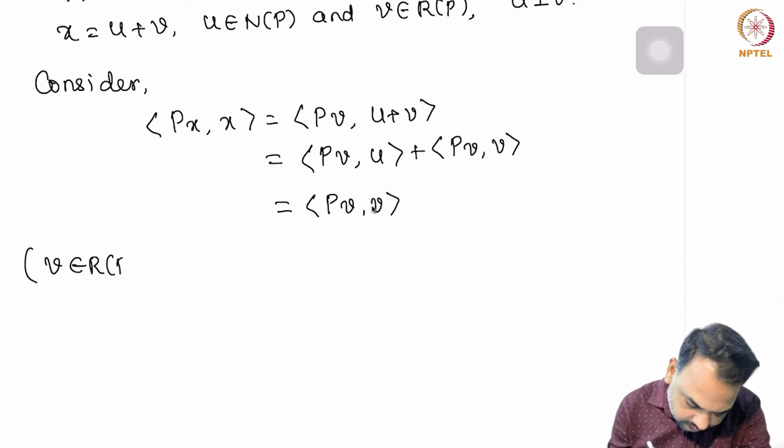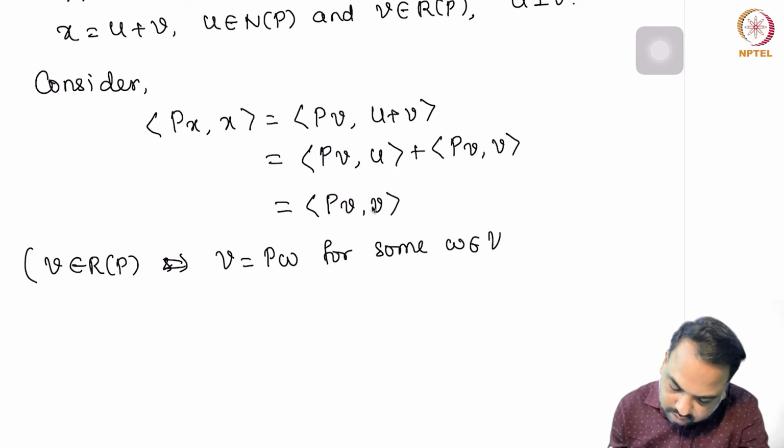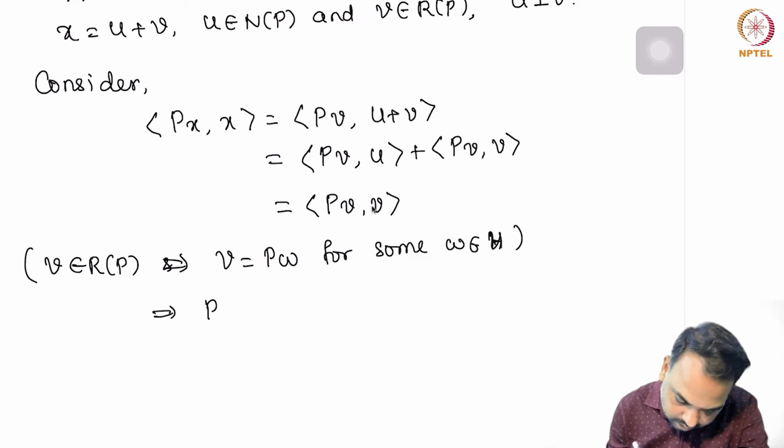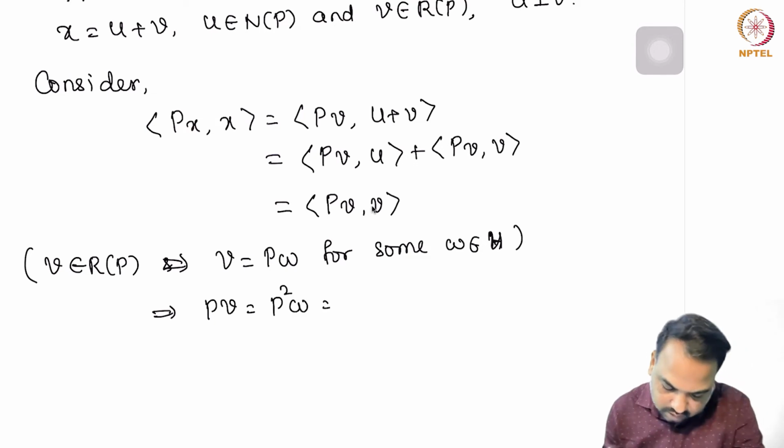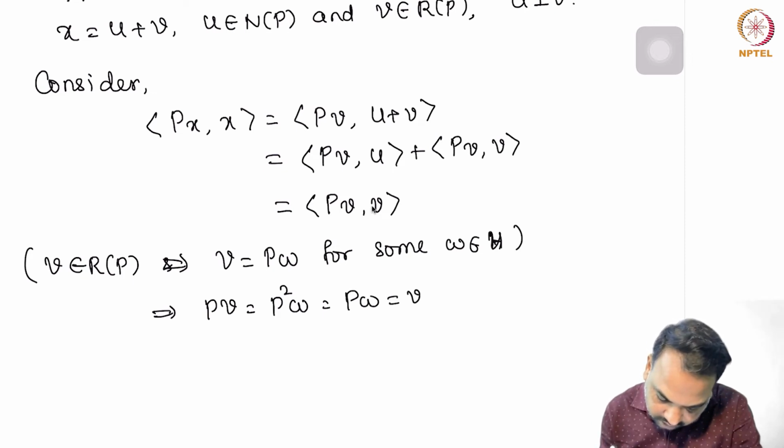v is in range of P implies v equal to Pw for some w in H. So this implies Pv is P square of w, but P square is P, so this is Pw, that is v.